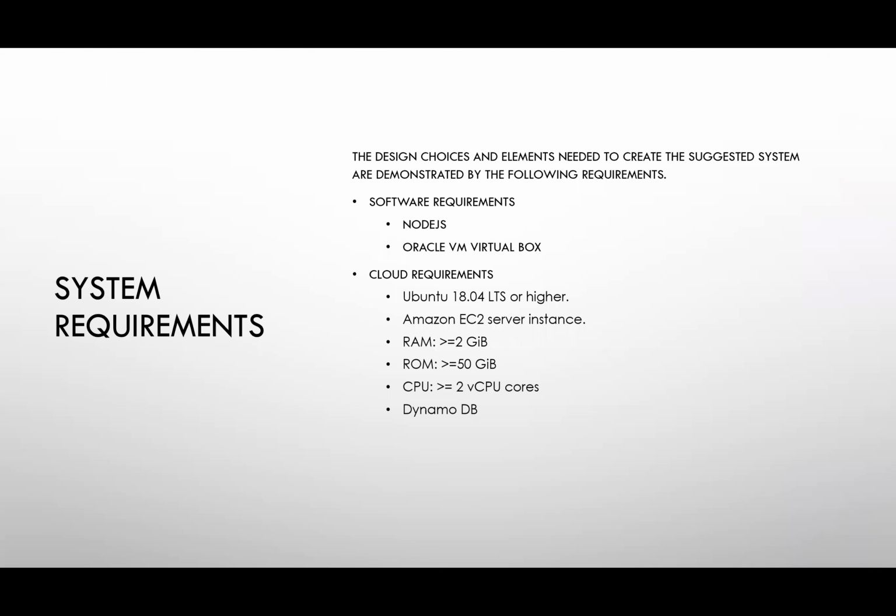So here are some of the system requirements: Node.js and Oracle, RAM of more than 2 GB, Ubuntu version 18, and an AWS EC2 server instance, which we need to create in AWS. The hard disk should be greater than 50 GB, and it should also have a CPU of 2 cores.